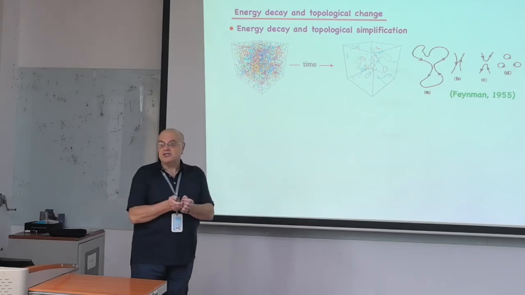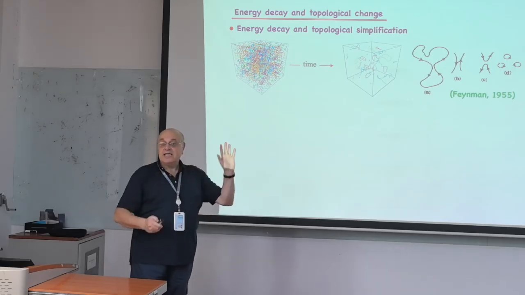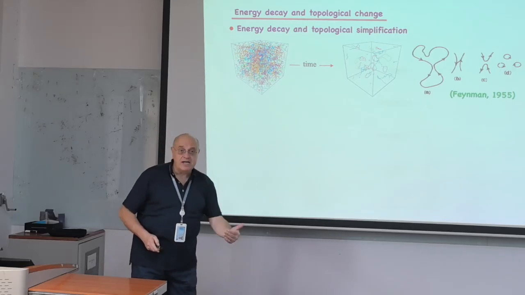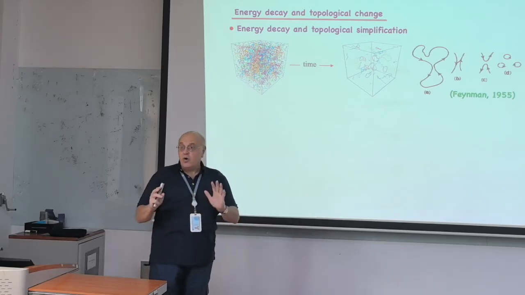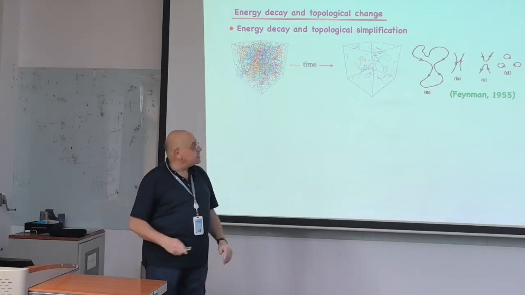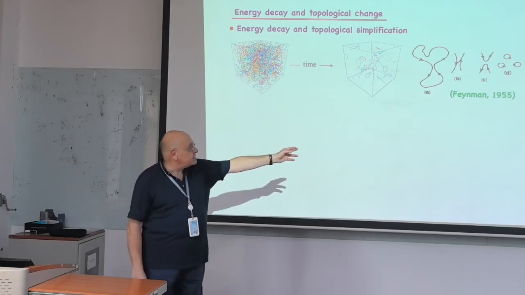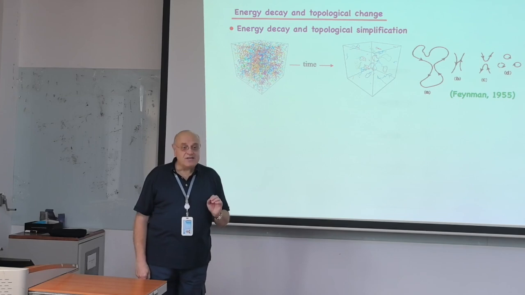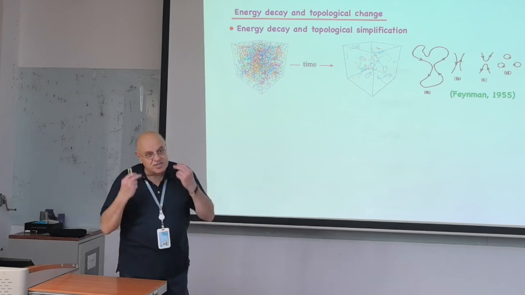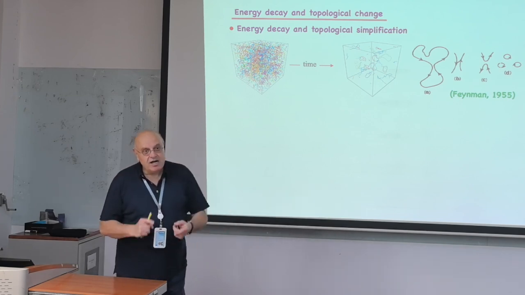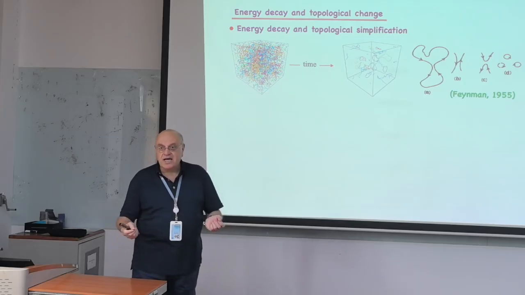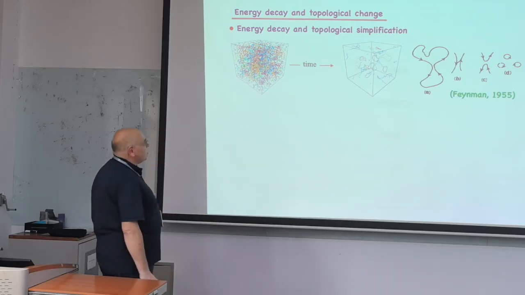Because there is reconnection of field lines. Now we are going into real systems. In a non-ideal system, topology is broken because of reconnection of field lines, as anticipated by Feynman in 1955. He proposed this idea of reconnection of fields and then evolution of topology.